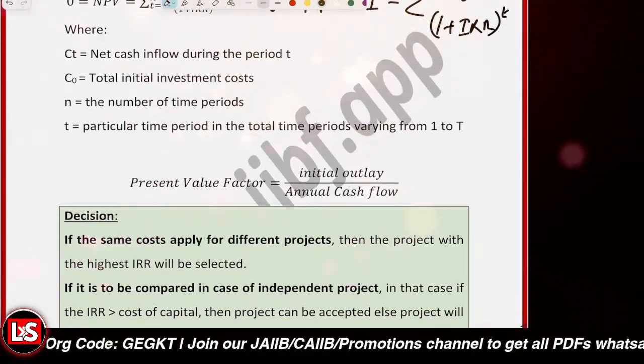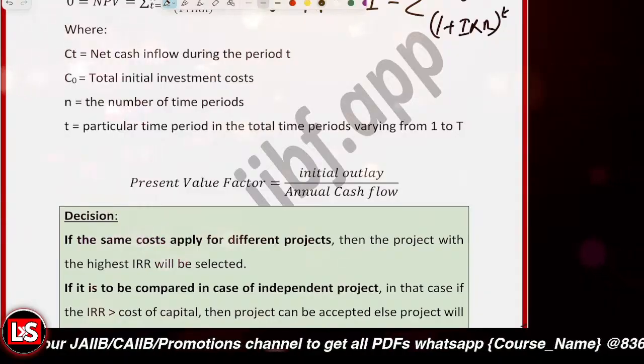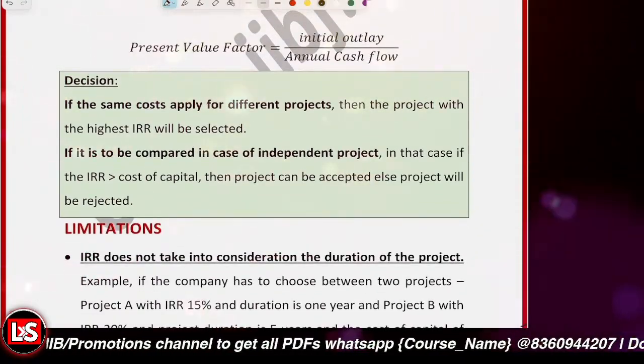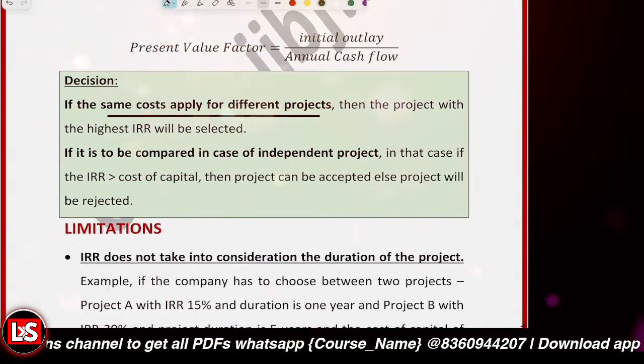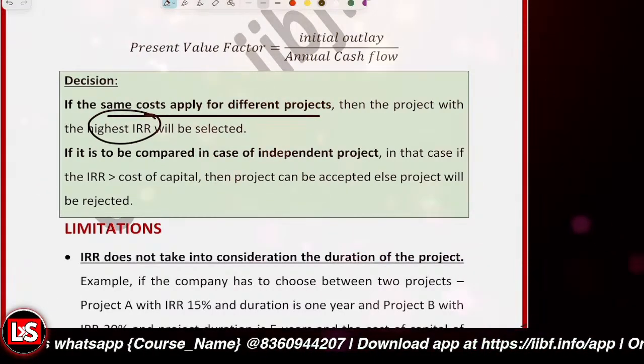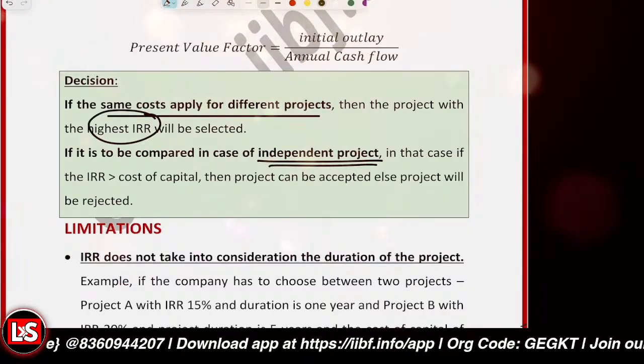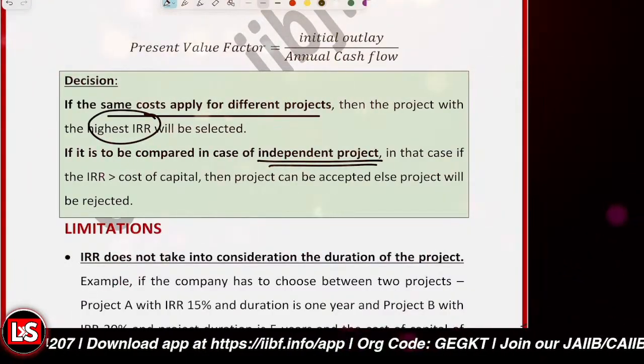And present value factor formula I have already told you. So if the same cost applies for the different projects, then the project with the highest IRR, as I just told you, is to be selected. And for an independent project, we have to check if IRR is greater than the cost of capital, then accept the project. Otherwise not.